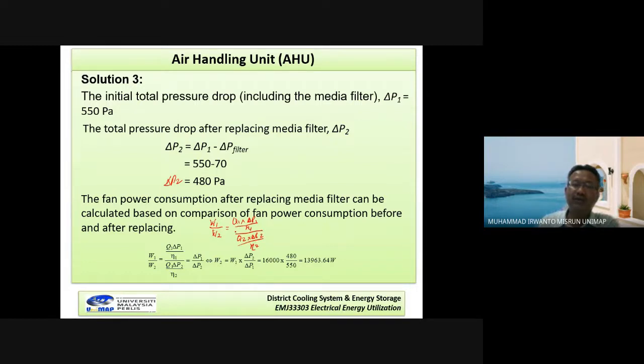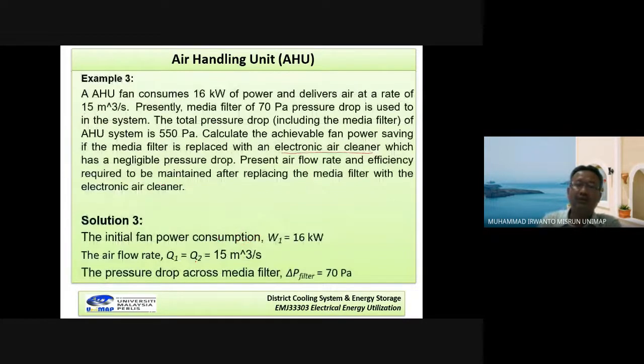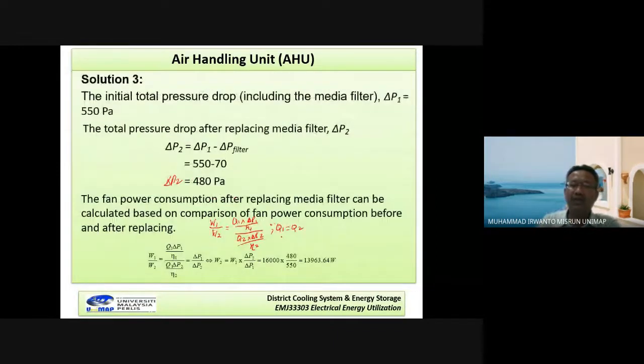Remember, Q1 is equal to Q2, following this one also, given. And also efficiency: it is mentioned that efficiency is required to be maintained, meaning efficiency 1 is equal to efficiency 2. Meaning from here can be cut.